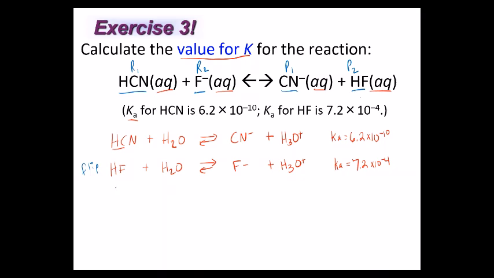So the H3O plus and F minus going this direction is going to give us the water and the hydrofluoric acid, like so. That also makes my Ka turn into 1 over 7.2 times 10 to the minus 4, because remember, when you flip any kind of equilibrium constant, it becomes the reciprocal of that.